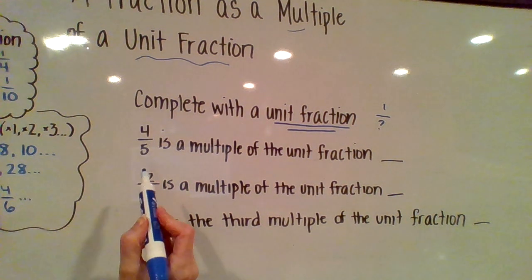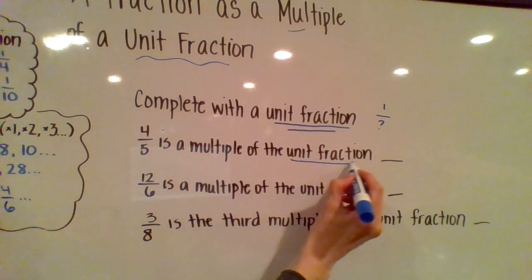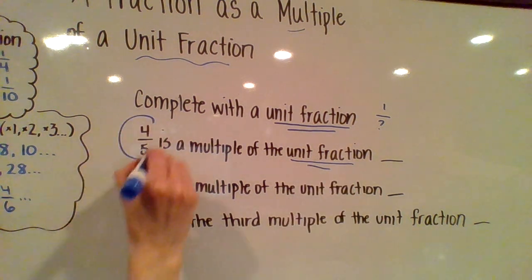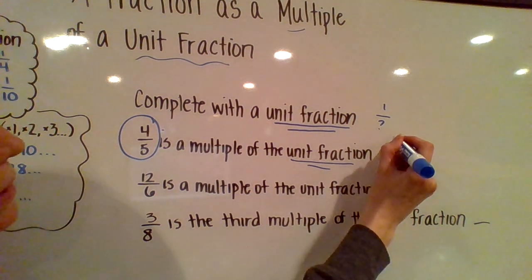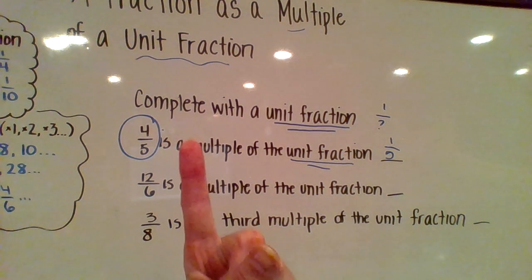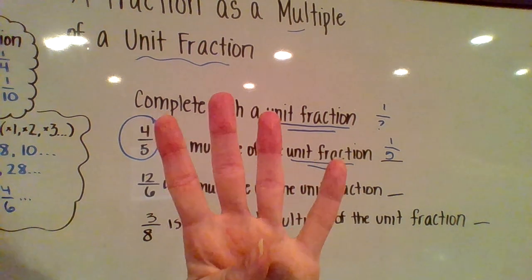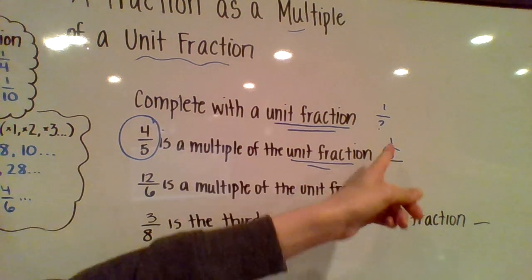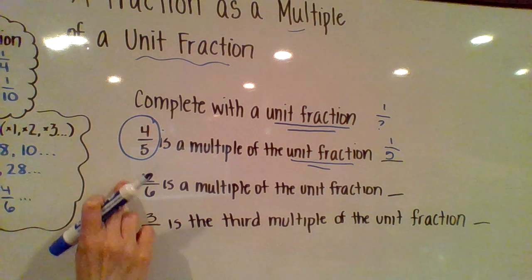So let's look at this one. This says 4/5 is a multiple of the unit fraction. What unit fraction would go with 4/5? Say it to yourself. The unit fraction would be 1/5 because it's 1/5, 2/5, 3/5, 4/5. This would be the fourth multiple of 1/5. Let's look at this. 12/6 is a multiple.